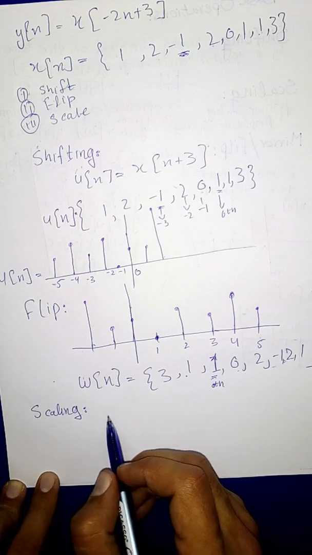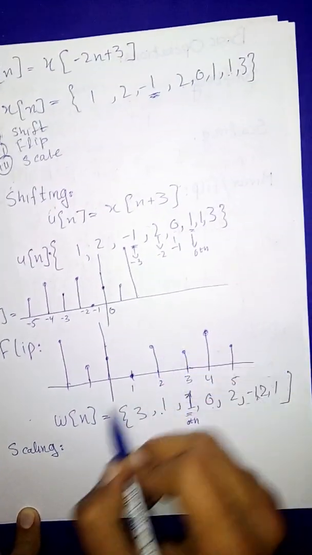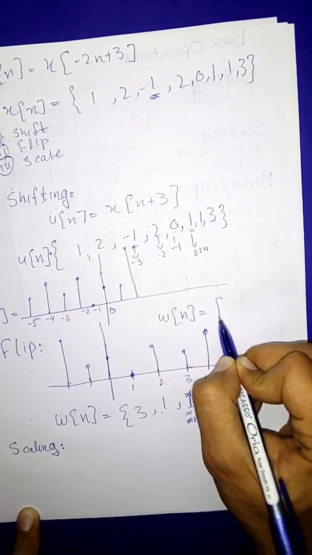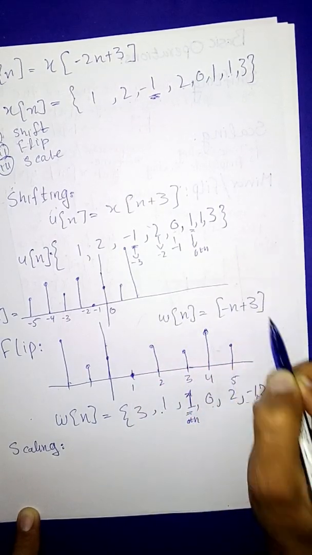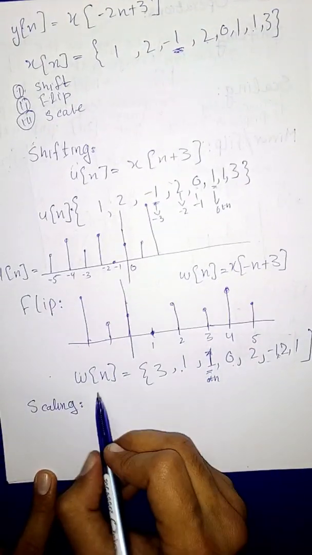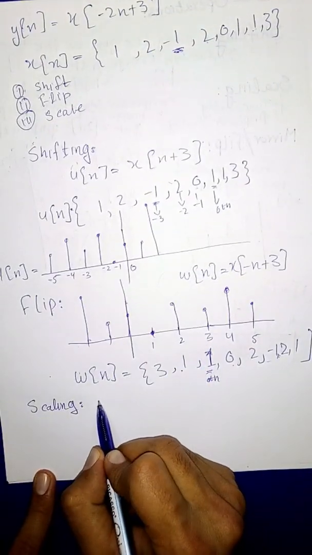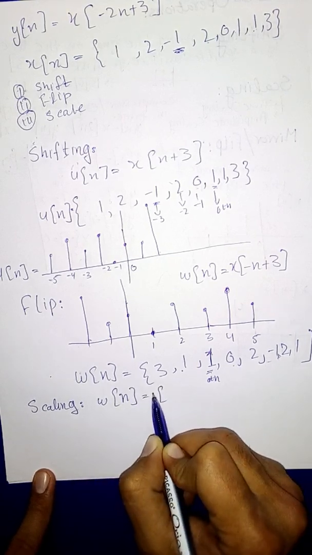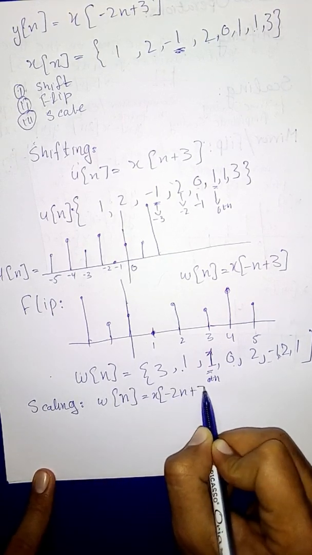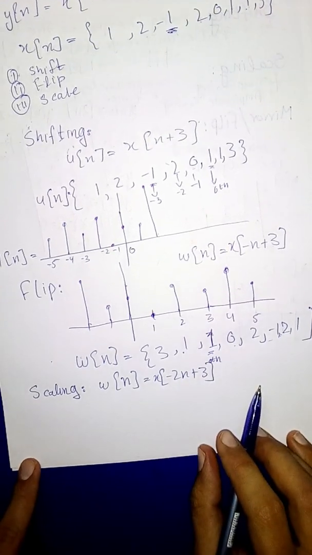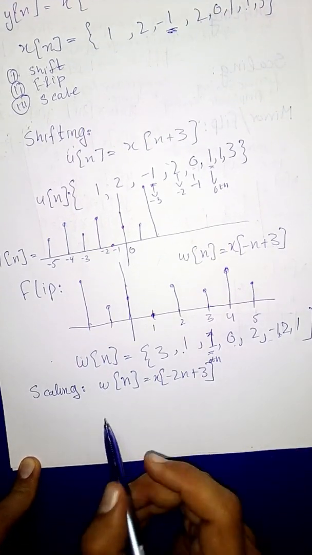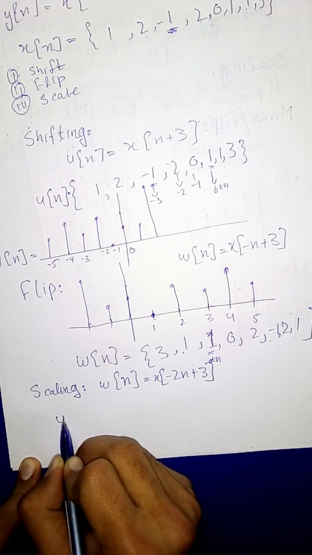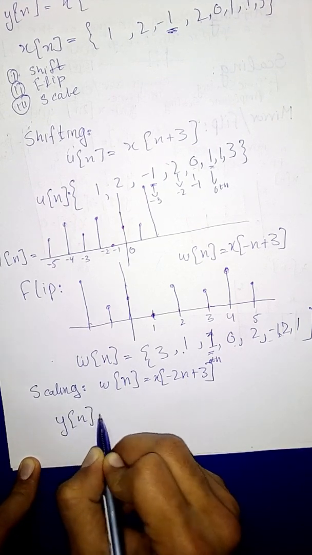Now the scaling, the expression for W of n is equal to minus n plus 3. Now scaling is done by a factor of 2 units. Now for the resultant, we'll say it y of n.